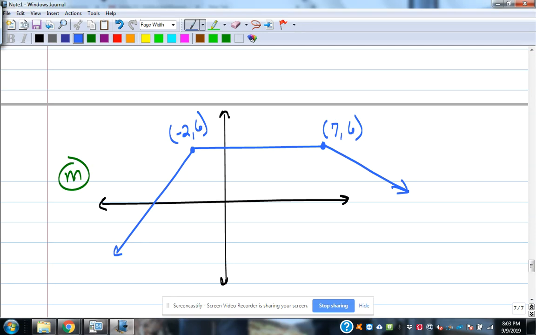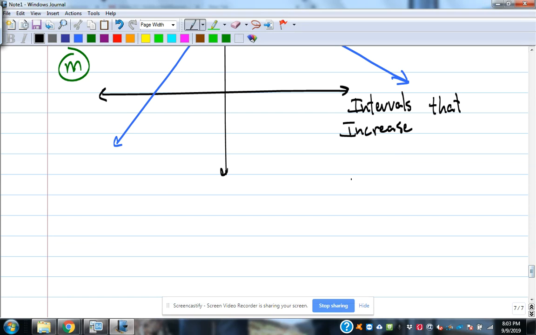Okay. What we're going to do is we're going to talk about intervals that increase, decrease, opposite of that, and are constant.